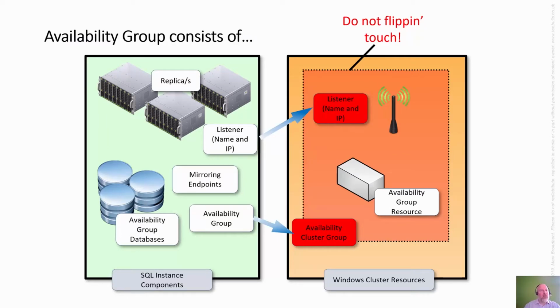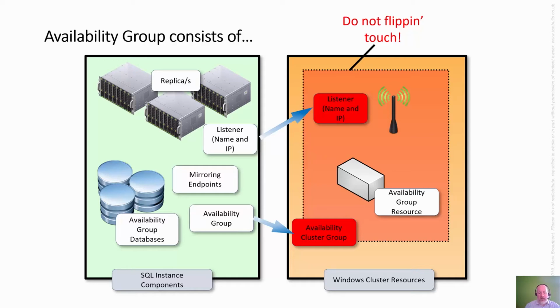Now I've set up the prerequisites for availability groups and given you a very, very quick overview of what an availability group is, but let's delve into slightly more detail of what an availability group is and what it consists of. As I said earlier, we can have not just one copy of our database or databases, we can have many copies of our availability group, and each server that participates in hosting a copy is called a replica.